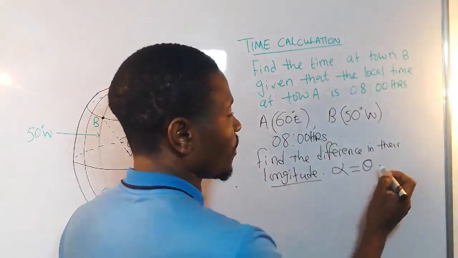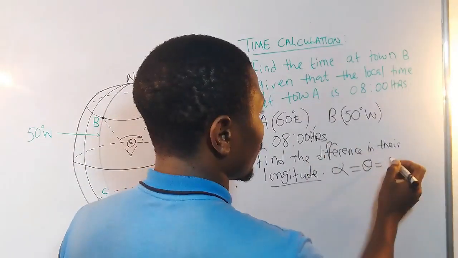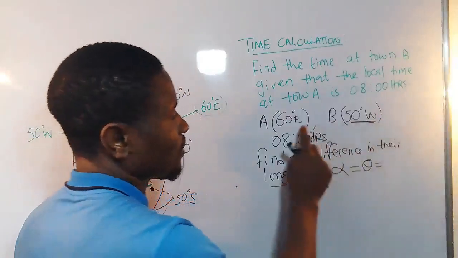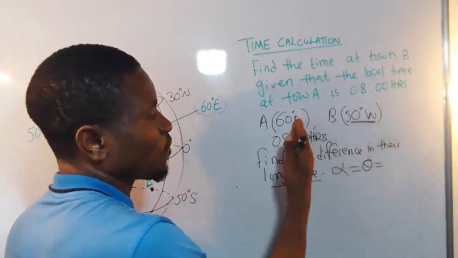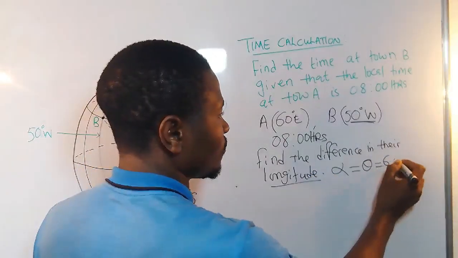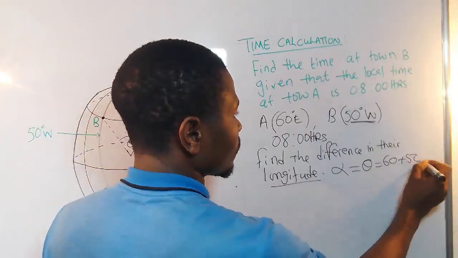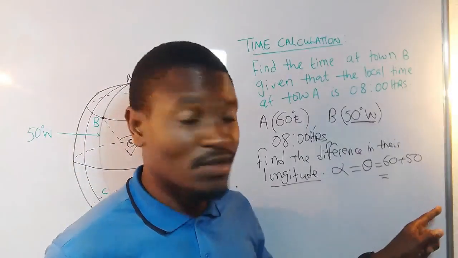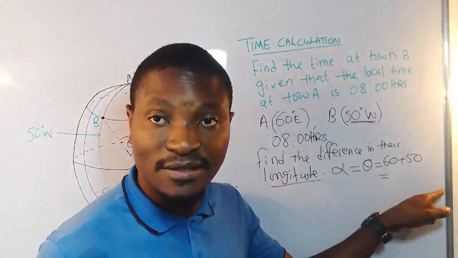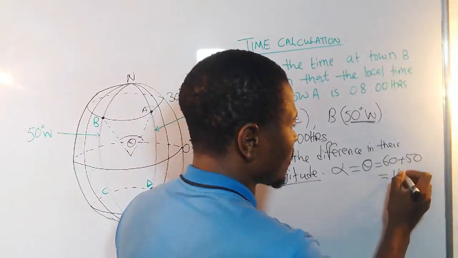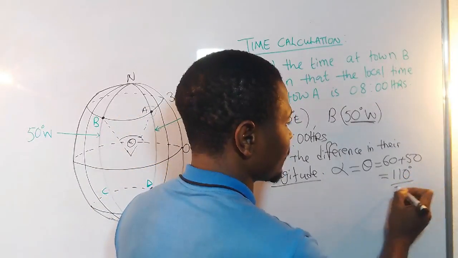So if this one is 50 west and this one is east, we add them. So 60 plus 50, we get 100.